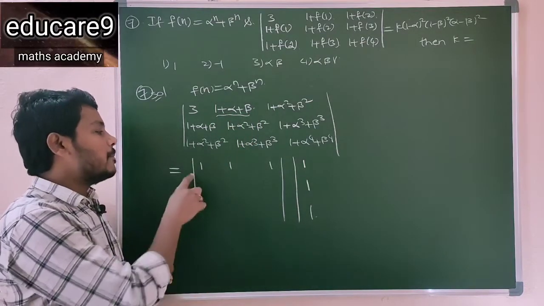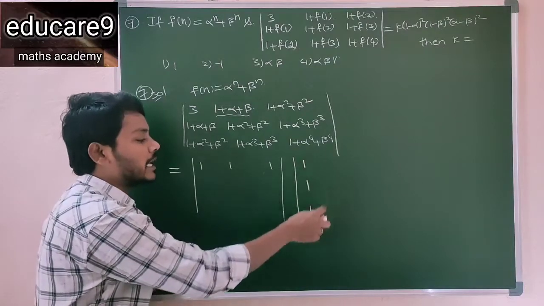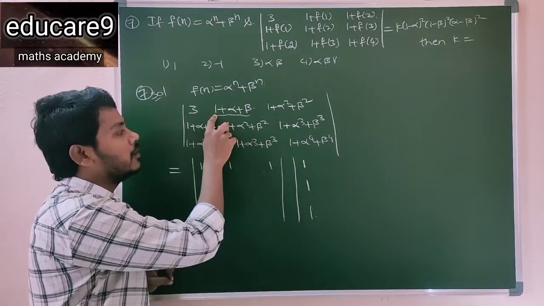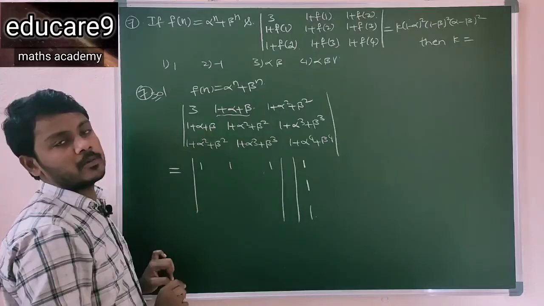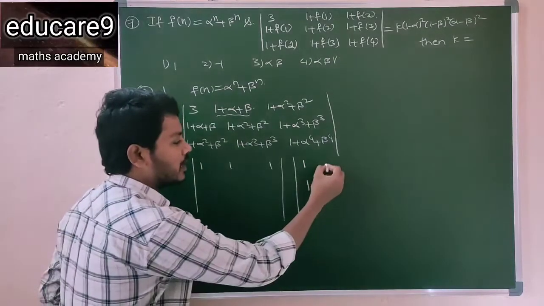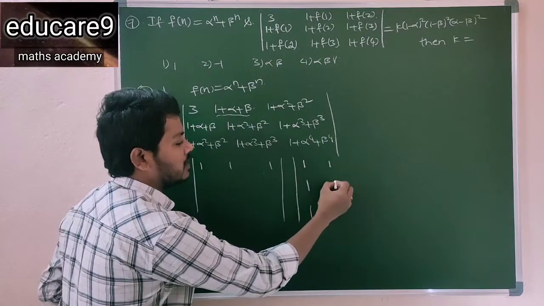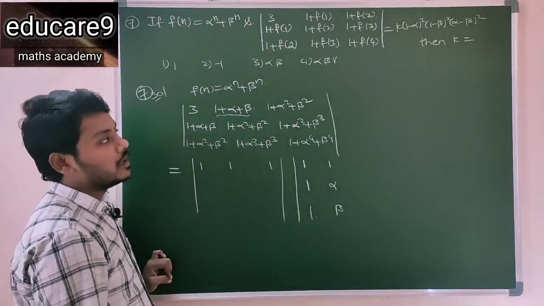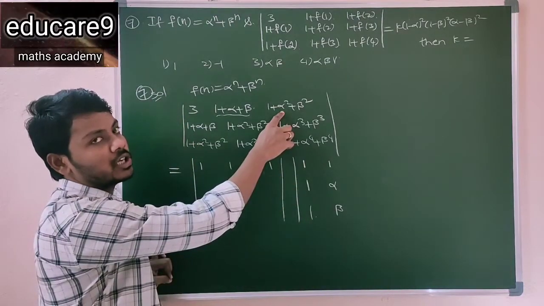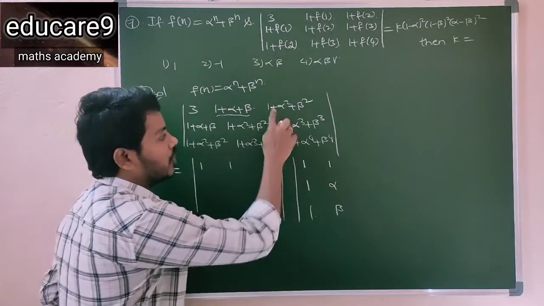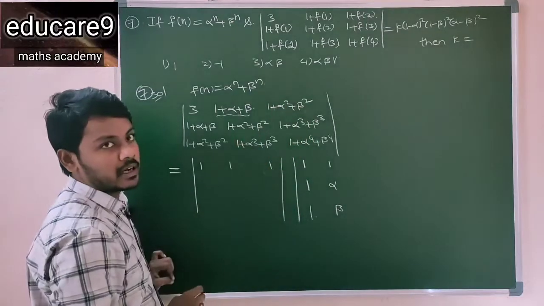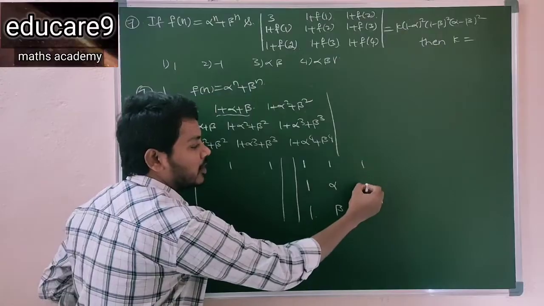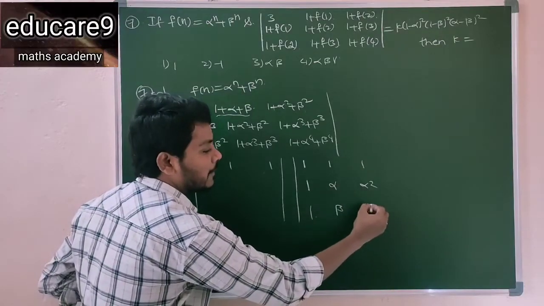That is, multiply the first row with the second column, then you will get 1 plus alpha plus beta. So for that you have to write this one as 1, alpha, beta. Next, first row third element, 1 plus alpha square plus beta square. So for that you write 1, alpha square, beta square.